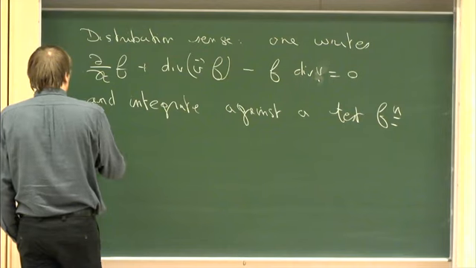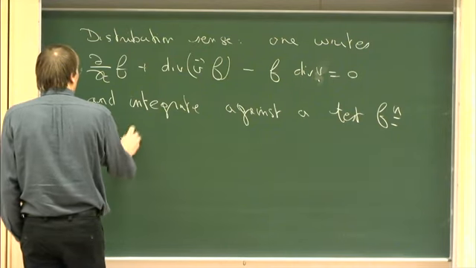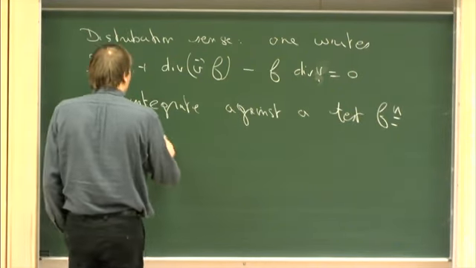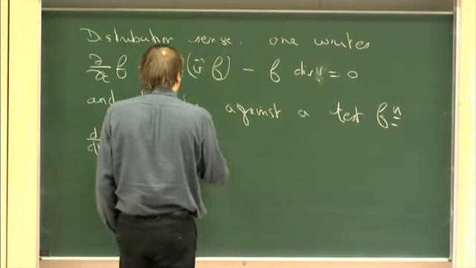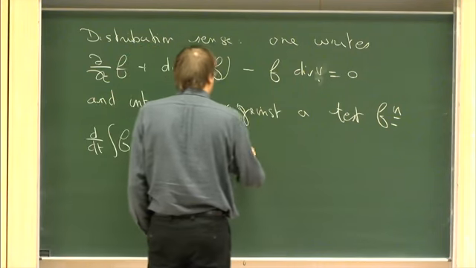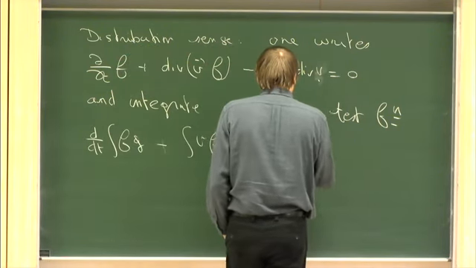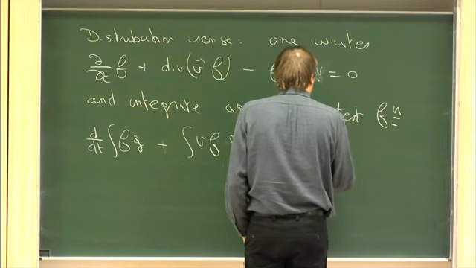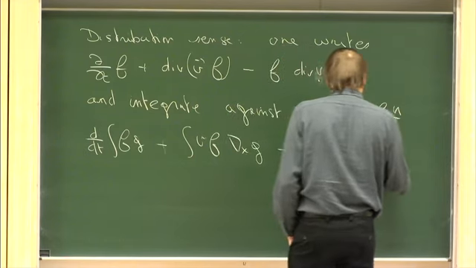You will get that d over dt of the integral of fg, minus the integral of vf grad g, minus the integral of fg divergence v, is 0.